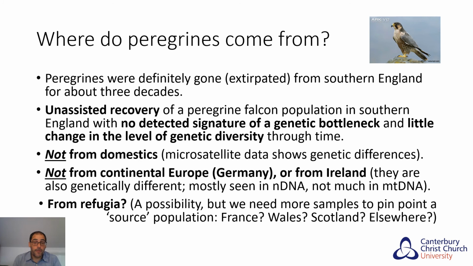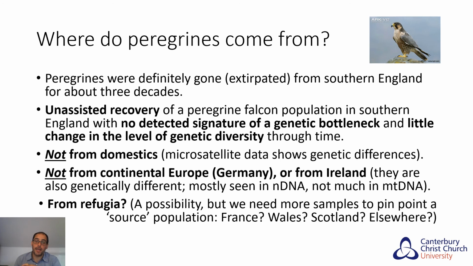So could they come from refugia, from other areas? Could they come from other places in Ireland that we haven't sampled, or from the Scandinavian peninsula, or from Wales or from Scotland? This is still a possibility. We don't have data from there, so we need more samples to potentially sample the source populations. Could they come from France as well?